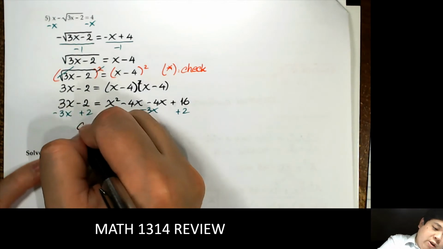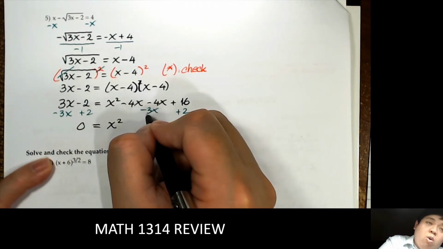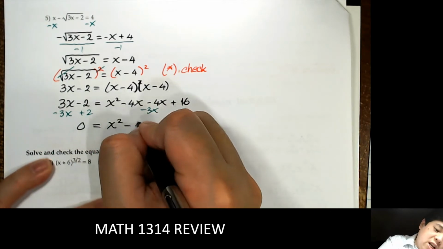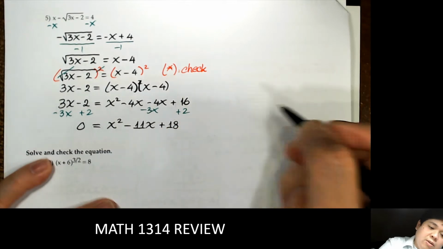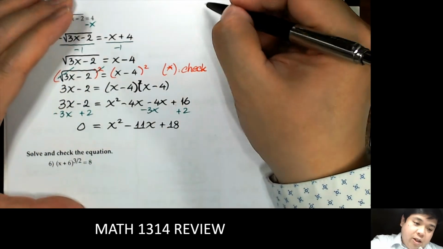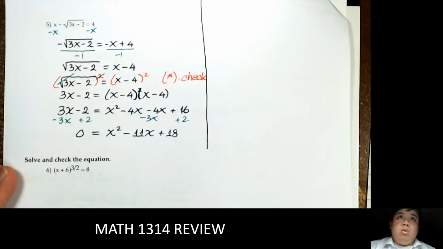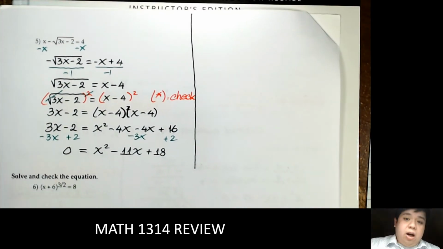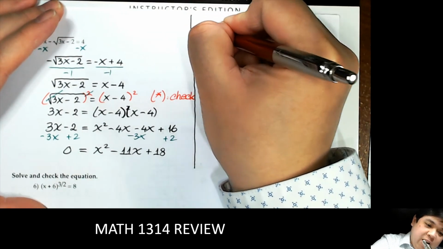So we have 0 on the left side. x squared, minus 4 minus 4 minus 3, that's minus 11x, and plus 18. That is a quadratic equation. So I use the quadratic formula even though I can easily factor.